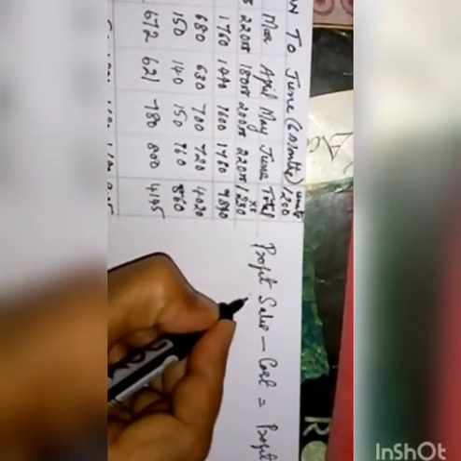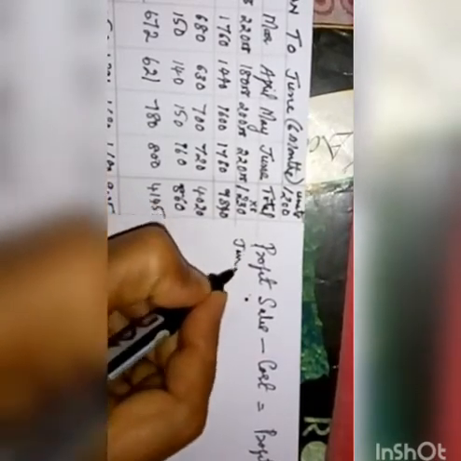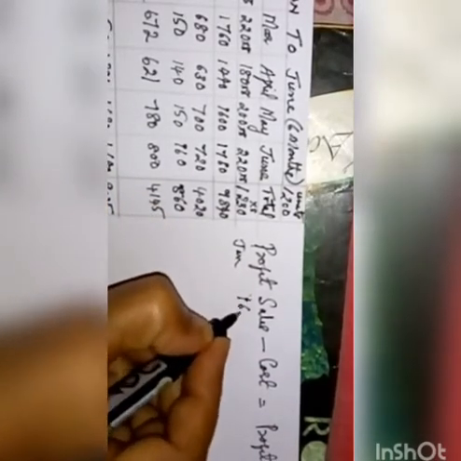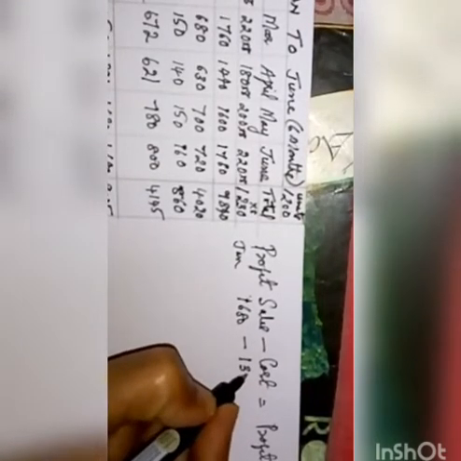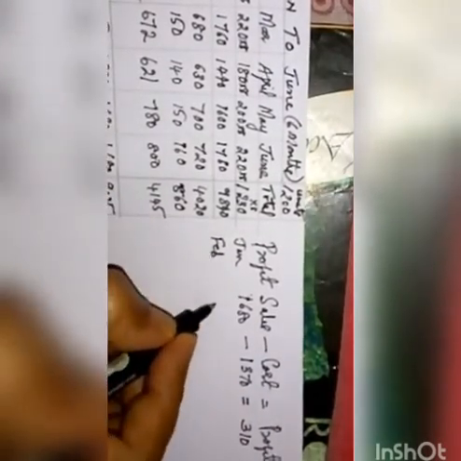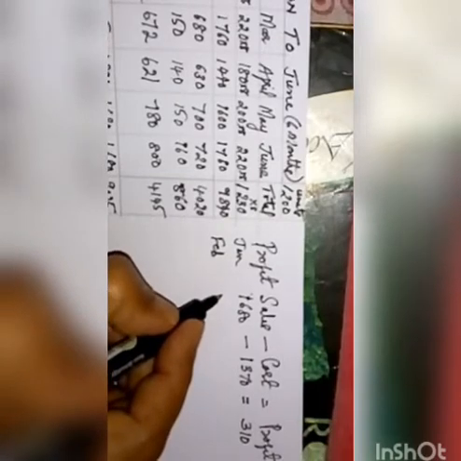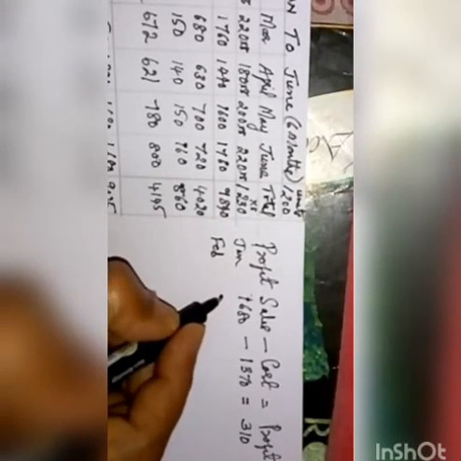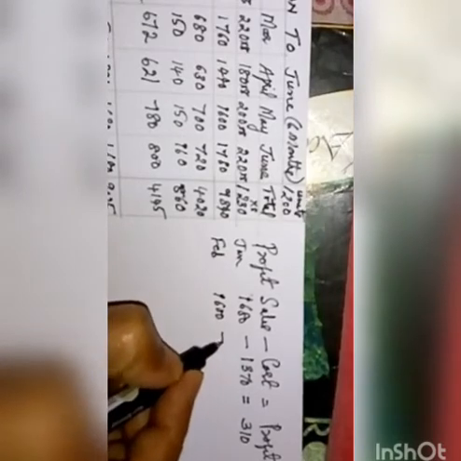For January month, sales is 1,680 minus cost 1,370. Then the profit of that particular batch is 310. For February month, sales is 1600 minus February month cost 1452, and the profit is 148.